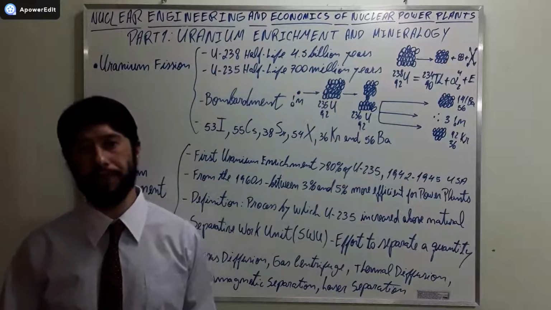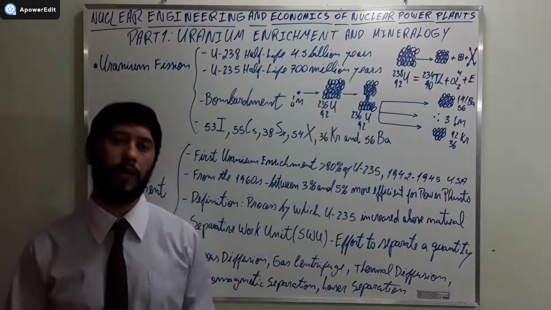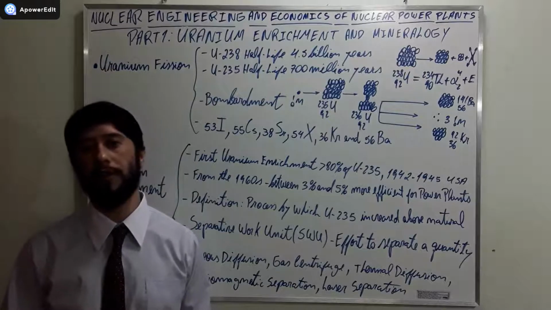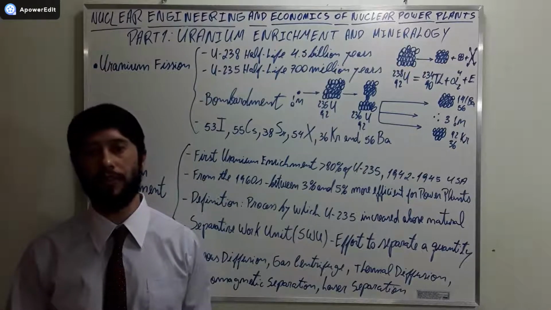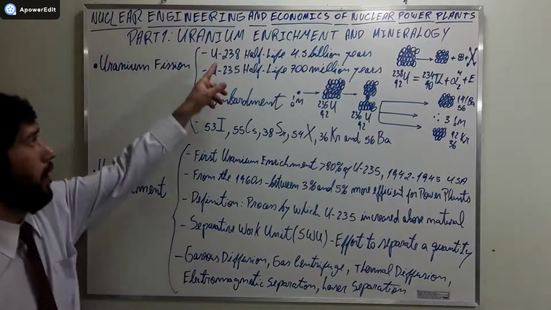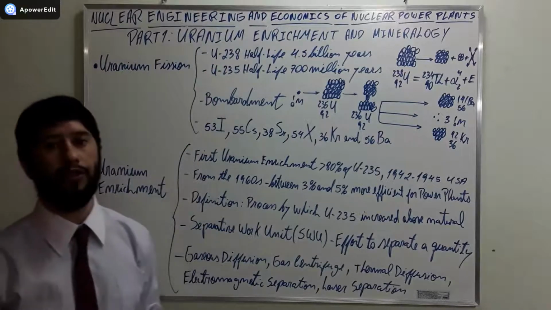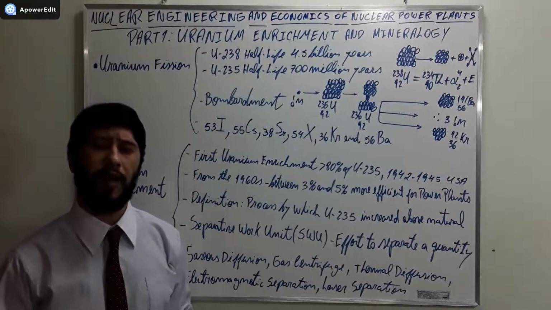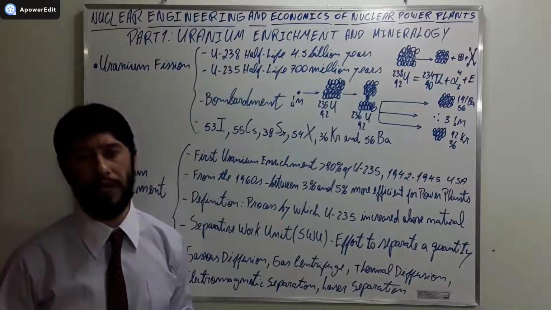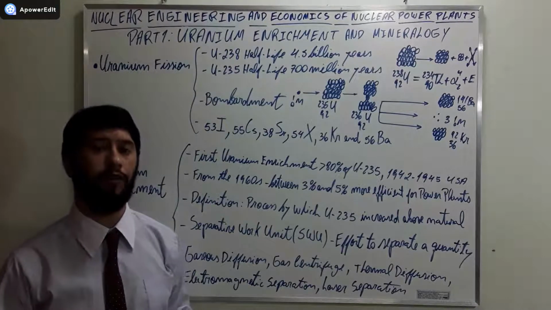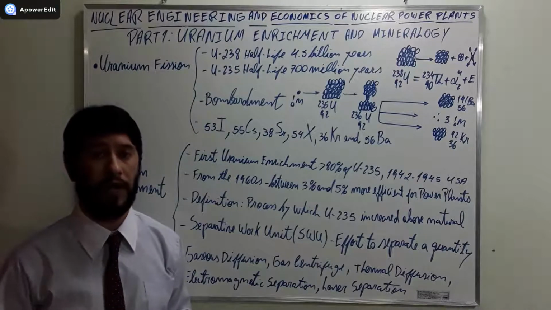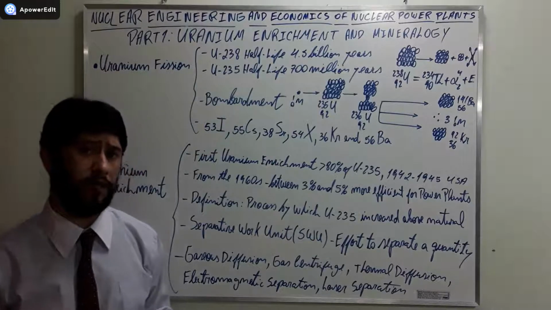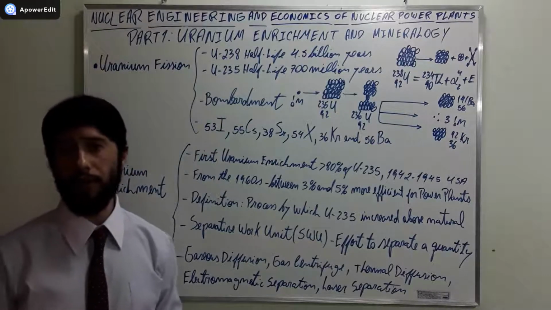Uranium fission. Uranium undergoes fission naturally, but the process is extremely sluggish. The half-life of uranium-238 is about 4.5 billion years, and the half-life of uranium-235 is about 700 million years. What does it mean?